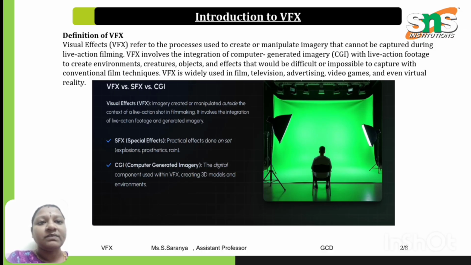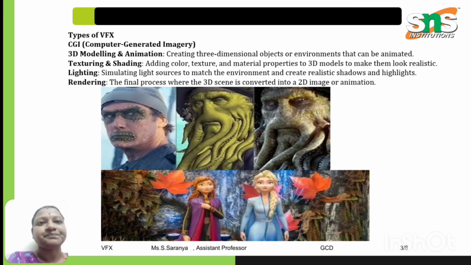Second one is special effects, the practical effects which are done on the set, like rain and explosion. These are the special effects. Next is CGI. It is computer generated imagery, used only for creating 3D models and environments. These are the three differences between VFX, special effects and CGI.